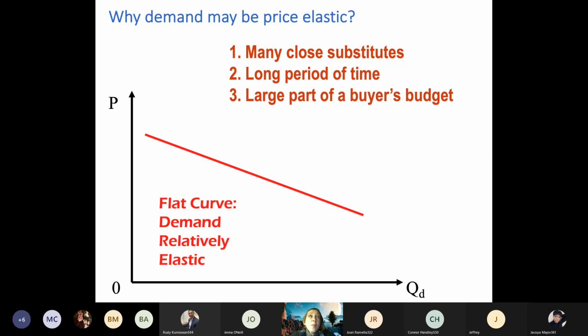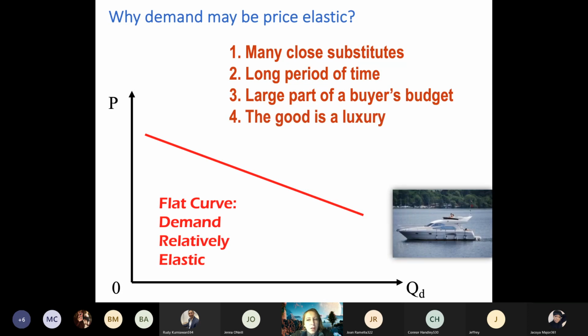A good example of a small share of the budget would be salt, right? You need salt, you go to the top of the aisle and buy 80-cent salt, even though you could have bought 30-cent salt. It's a small share of the budget. You don't care about a change in price of over 100%, really.